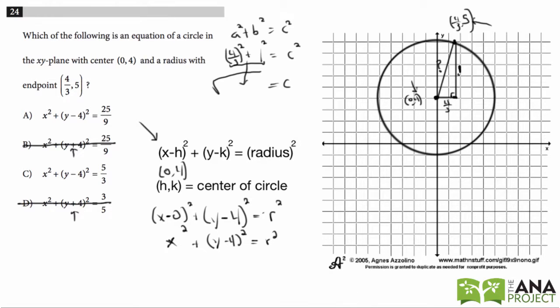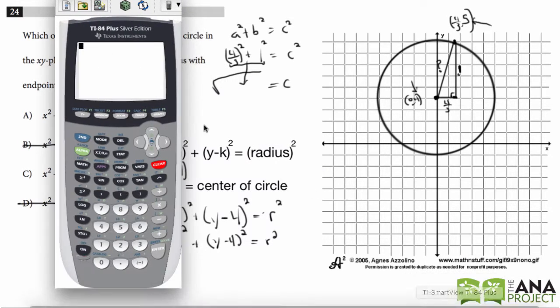Since this is section 4, we can certainly use our calculator. Four thirds squared plus 1 squared, which is 1. Let's turn this into a fraction. That's 25/9. C squared is 25/9.